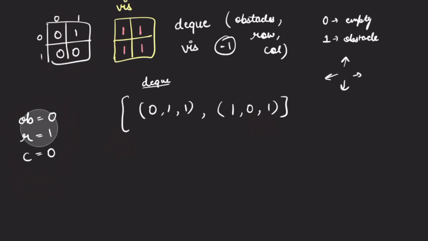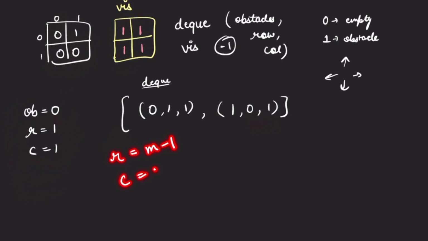Now again, we will pop the front element from the DQ. So our obstacles will be 0, row will be 1, column will be 1. Now you will see that the row and column are the bottom right cell of my matrix. Basically, the row has become equal to m minus 1 and column has become equal to n minus 1, where m is the number of rows and n is the number of columns.